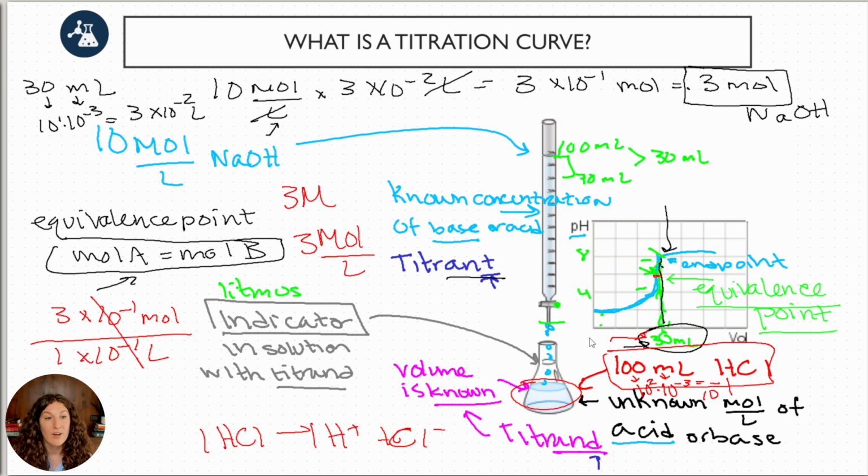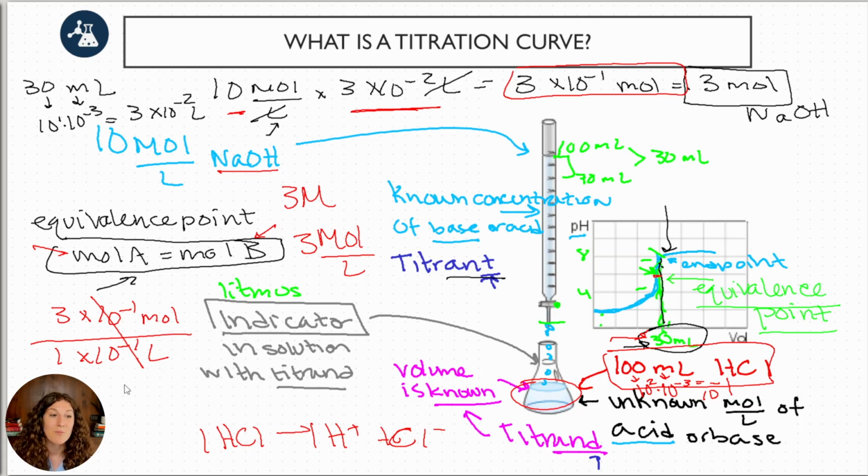And when we have that volume, we can multiply that volume times the molarity of the titrant, right, of our known amount, and that will get us our moles of our titrant at the equivalence point. Moles of our titrant, moles of our base in this case, will equal moles of your acid, and that's sometimes all you need to know. This is how many moles of acid we had.